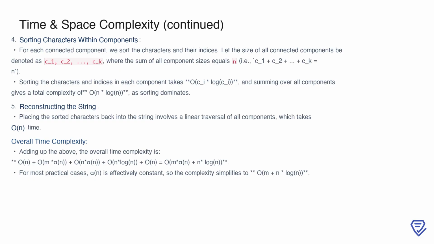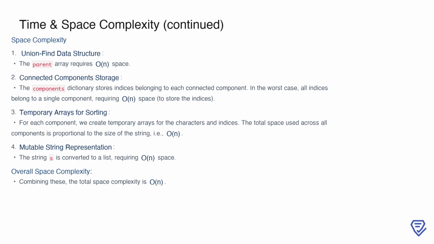Turning to space complexity, the union-find data structure requires a parent array of size n, resulting in O(n) space. We also need to store the connected components, which are stored in a dictionary where each key maps to a list of indices in the same component. In the worst case, all indices could belong to a single component, requiring O(n) space.